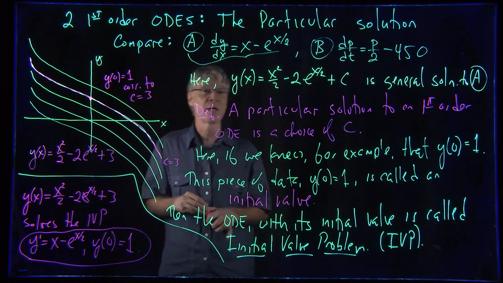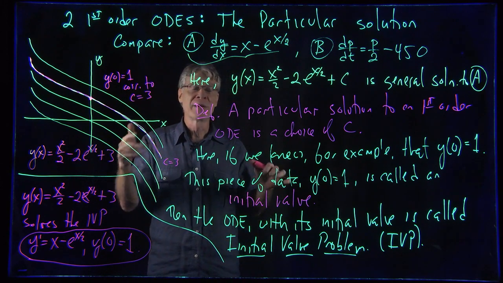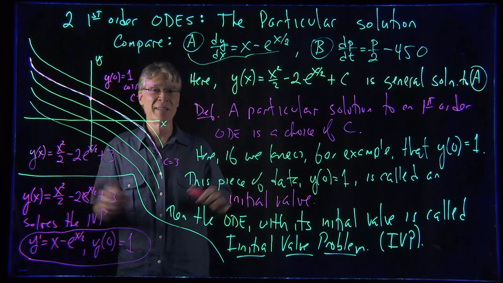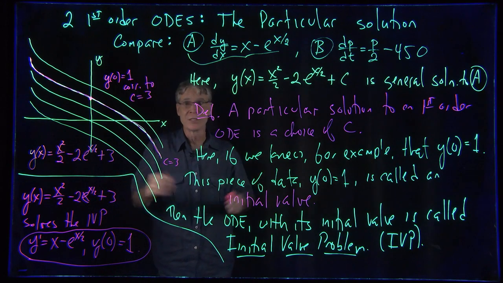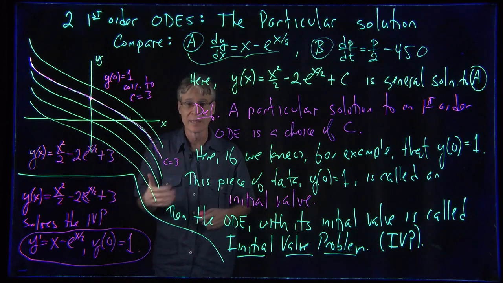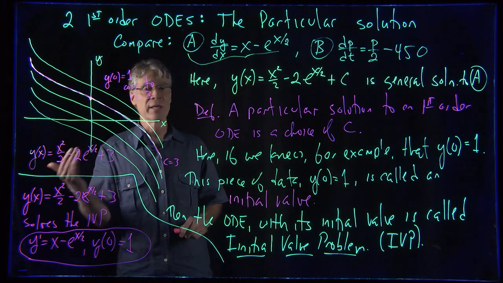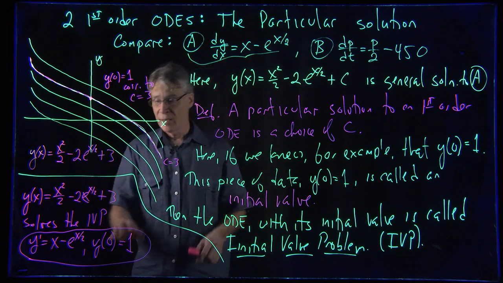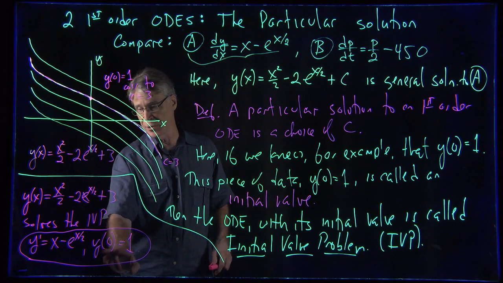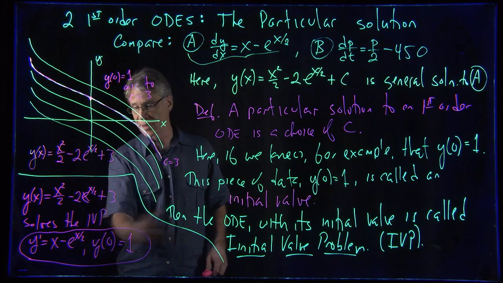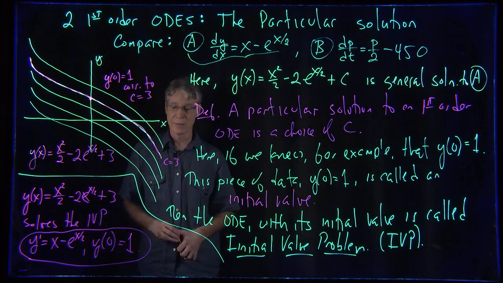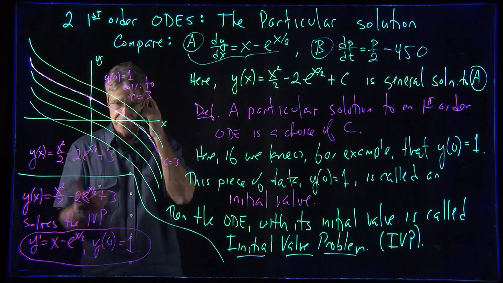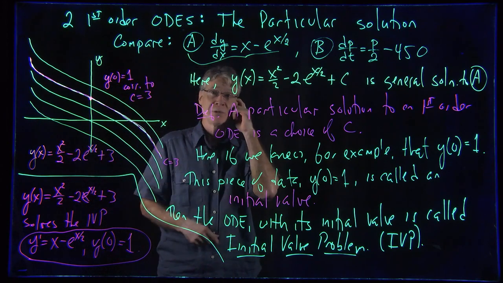There are going to be many differential equations where the function isn't defined at 0, so we can't really just call that the initial value. It's whatever we'd like it to be. The value of the independent variable can be whatever it likes. If we're given a bit of initial data here, then this entire thing is called an initial value problem. Okay? So we can actually solve with a particular solution.